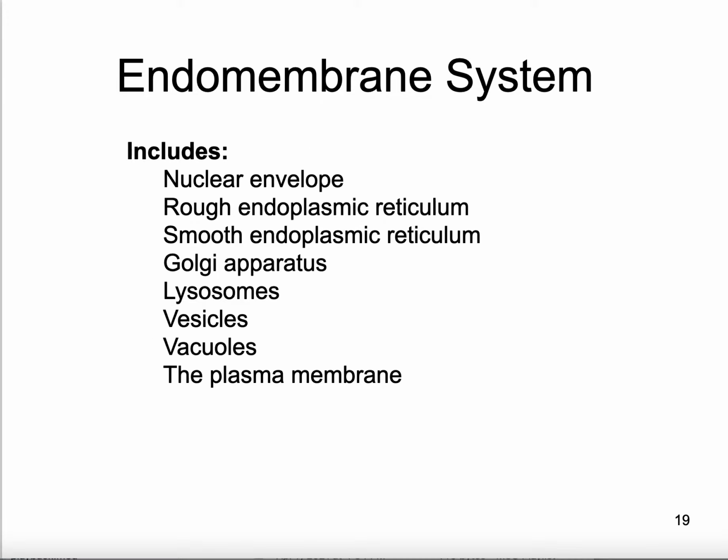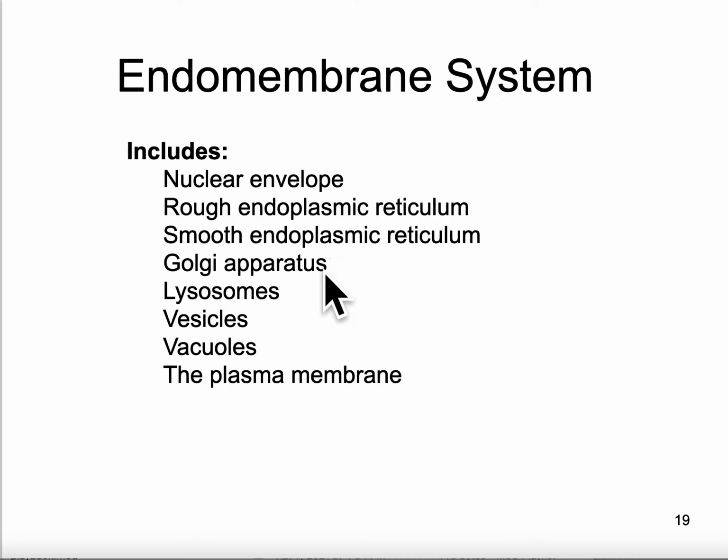So the members of the endomembrane system in the eukaryotic cell are the nuclear envelope. Remember, that's the double phospholipid bilayer, meaning there are actually 4 layers of phospholipids that surround the nucleus. That's called the nuclear envelope. The rough endoplasmic reticulum and the smooth endoplasmic reticulum, very similar organelles but have very different functions.